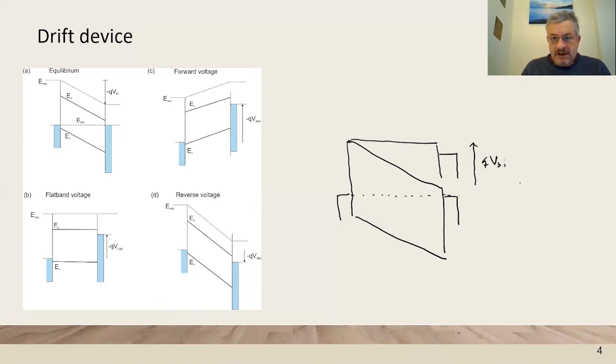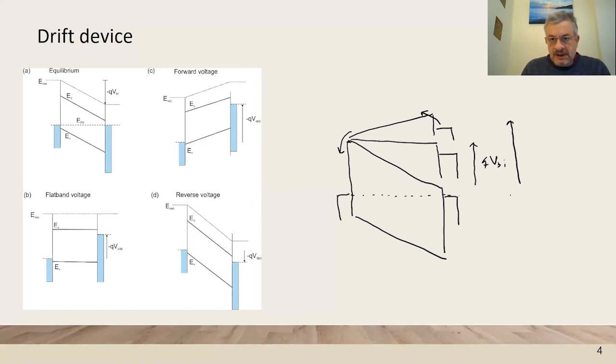And if we apply a higher voltage, then this is probably going to inject charge, because here it is easy to come in and then the charge will go out. And this is the forward bias.